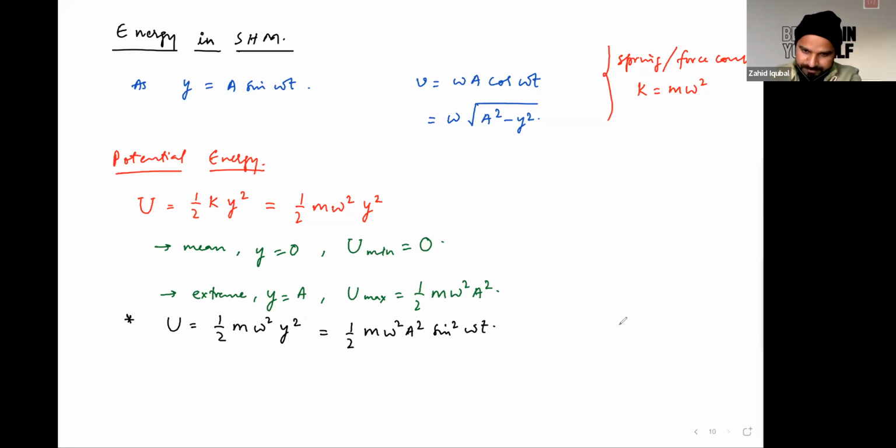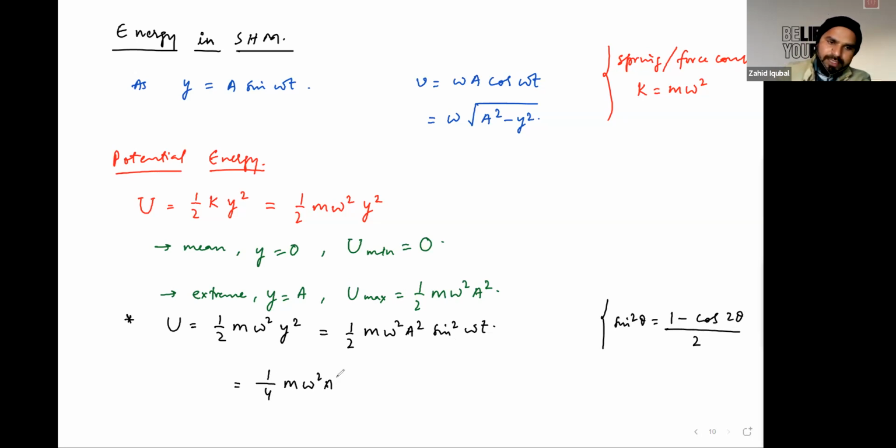Using the formula sine square theta is equal to 1 minus cos 2 theta divided by 2, you may transform this relation as 1 by 4 m omega square a square bracket 1 minus cos 2 omega t, which is potential energy in time-dependent term.